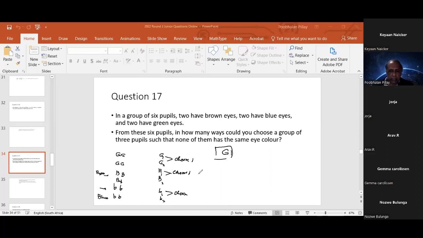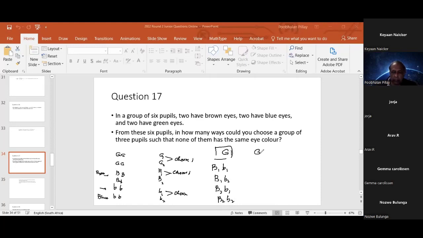Now from the other guys, I can have B1 and small b1, B1 and small b2. I can insist on B1 being one of them, or I can insist that B2 is one of them, and then small b1 or the other. So these are the only possibilities of choosing one from here and one from there. Right? So there are 4 with G1.